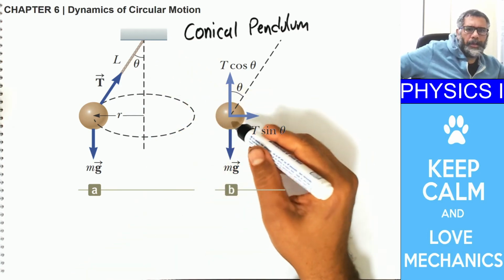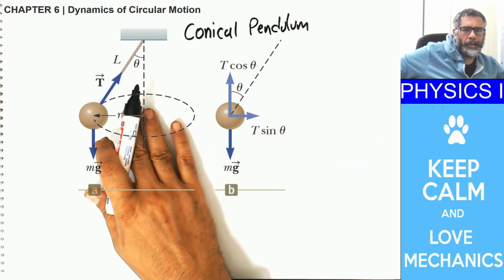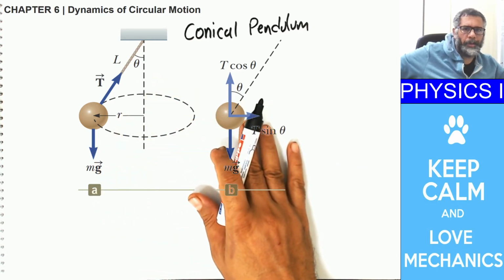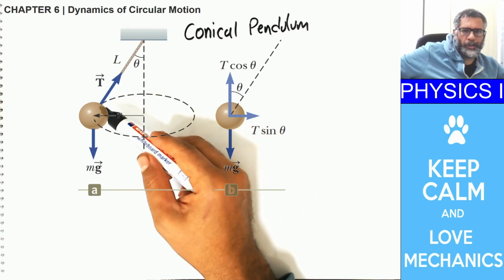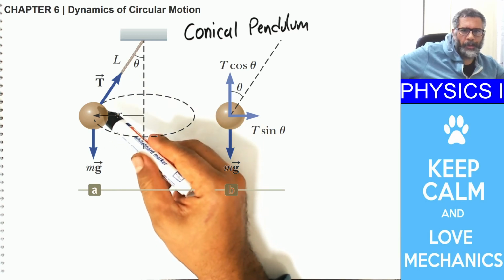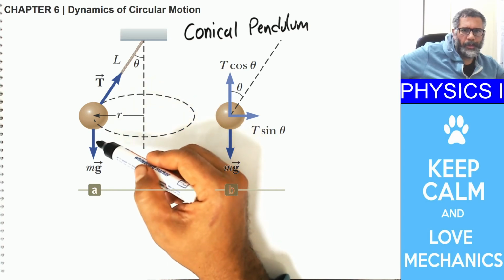And this is the free body diagram. This is the real scheme of the motion, and over here we have the free body diagram. As I said, there are only two forces acting on the object. At this point it looks like just a free body diagram because we have the object and only the forces.